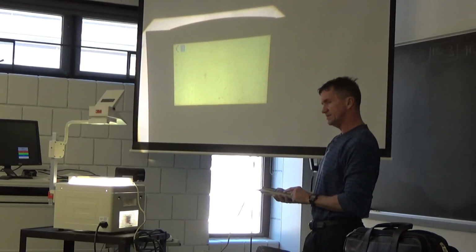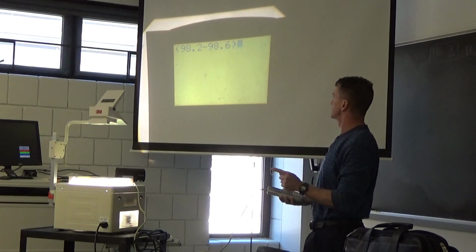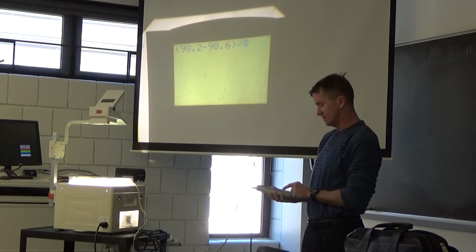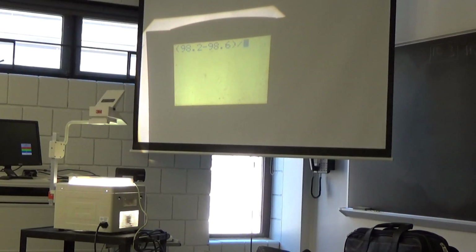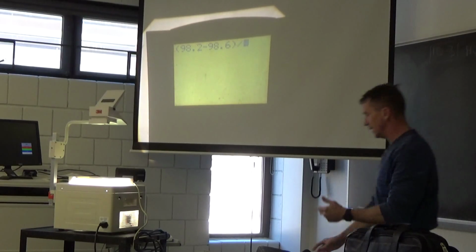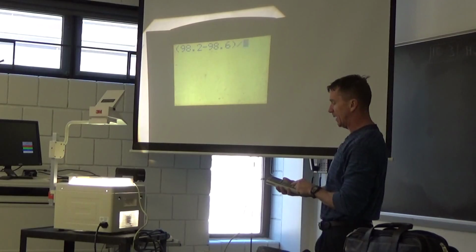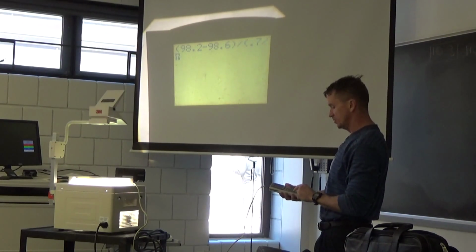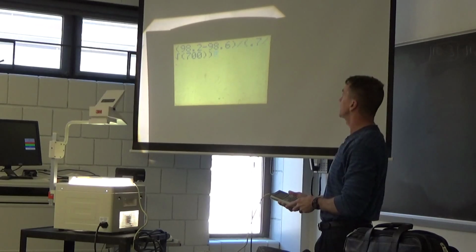So: parentheses, 98.2 minus 98.6, close parentheses. Now I hit division. When I wrote this on the board, I put parentheses here. If I type this all at once, I have to be very careful. Divided by parentheses, 0.7 divided by square root of 700, close that parentheses, close that parentheses. And this will be fine. Should be a negative answer, as we know.